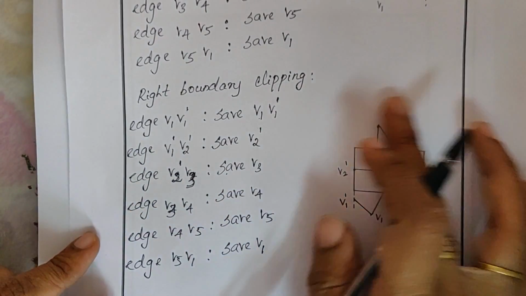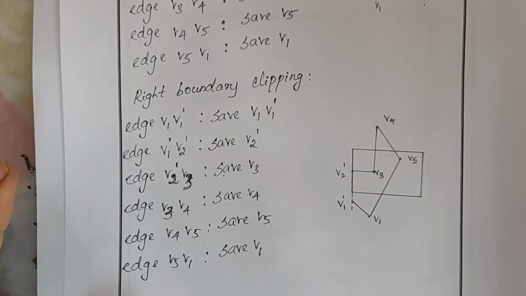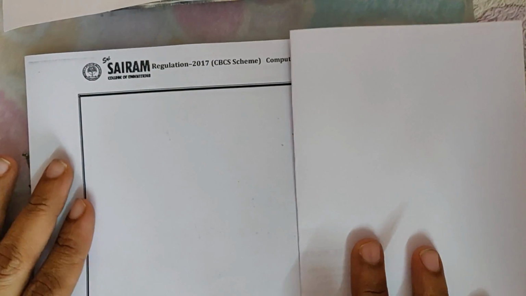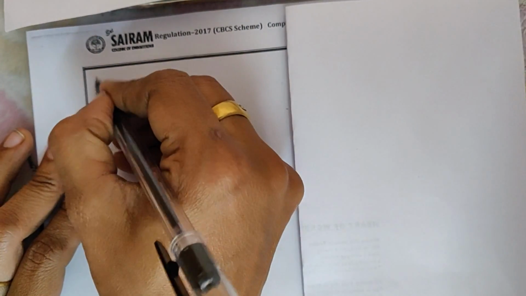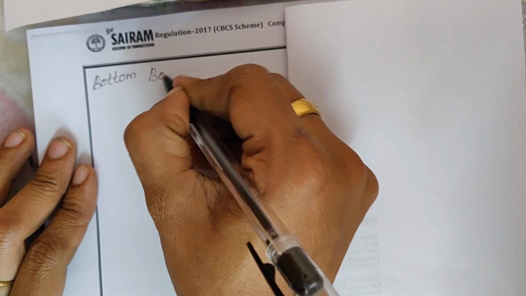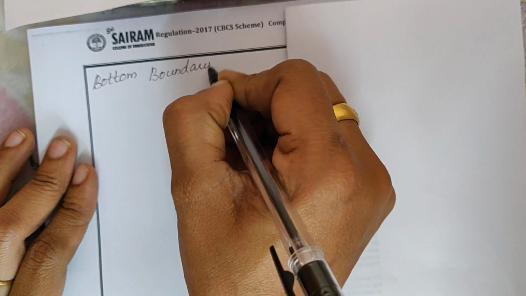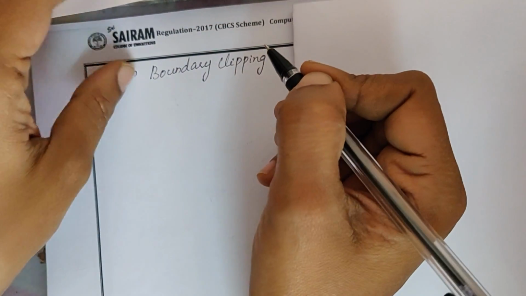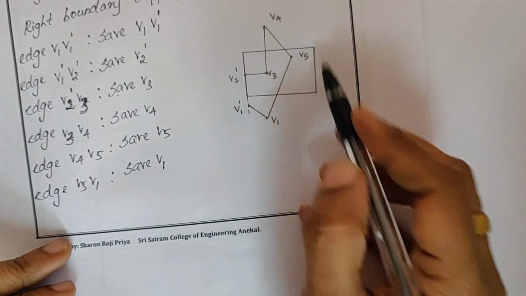And now this polygon will be the input for my bottom boundary clipping. To this bottom boundary clipping, I have to consider this polygon.